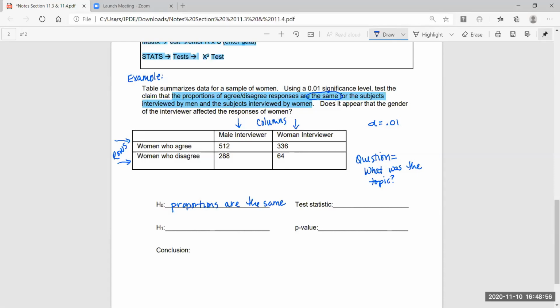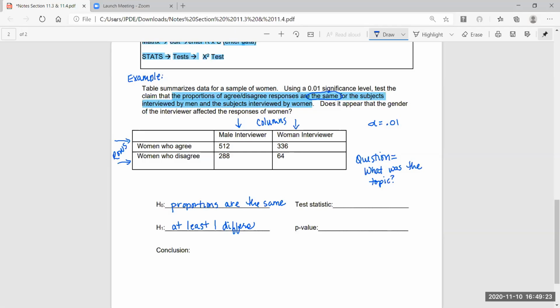And then down here, we could say proportions are different, but what we're going to say is at least one differs. Right now, it probably would just be they're different. But if you had more categories, if you had more columns, or if you had more rows, you would not be saying they're all different.